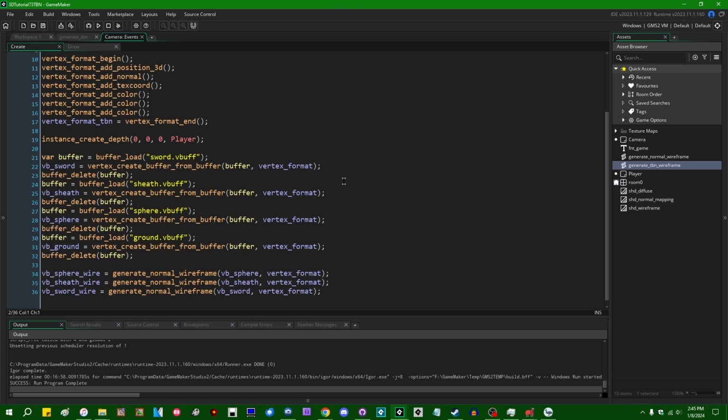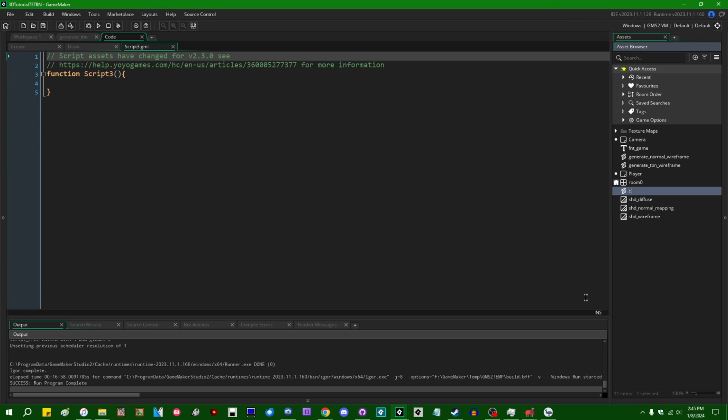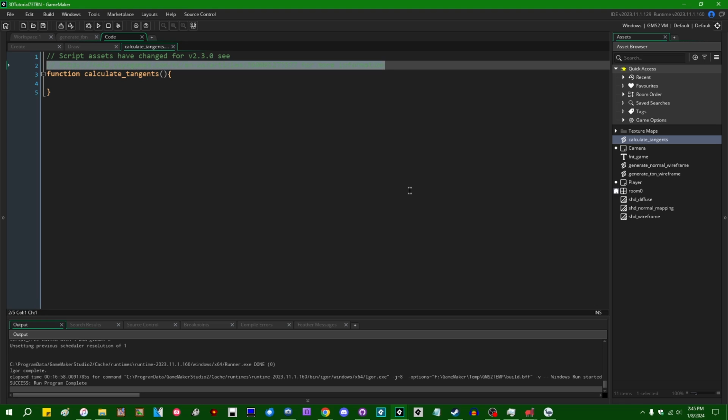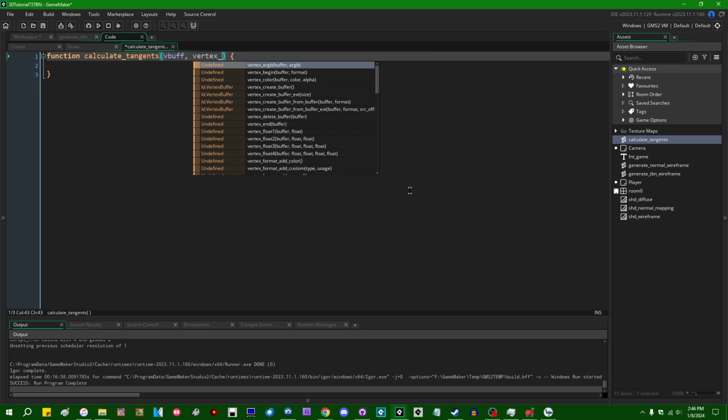Let's see. So let me create myself a new function. I'm going to call it calculate tangents. This is going to be a function which will take a couple of inputs, the vertex buffer and the vertex format.